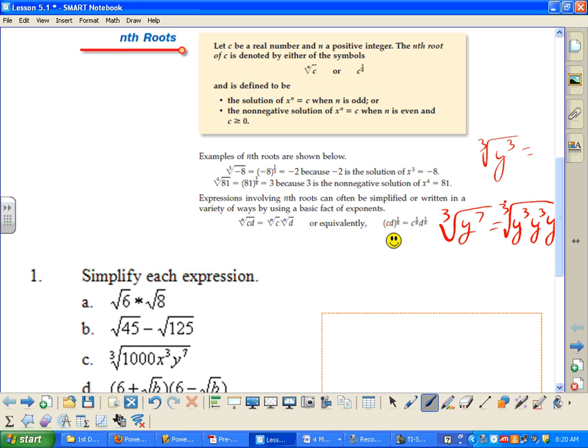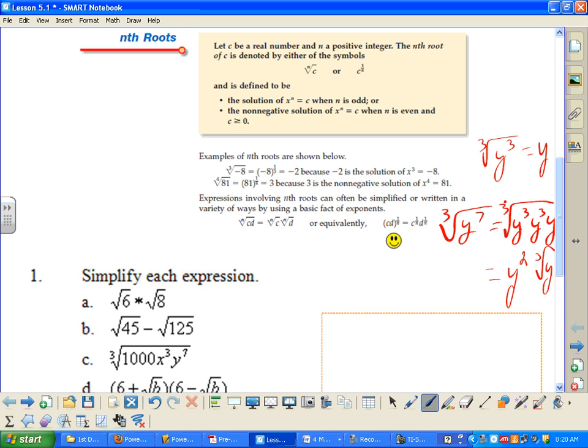What does that equal? That's just equal to y. So if I simplify this, the y cubes would each give me y. So this would be y squared times the cube root of y, if I simplify that completely.